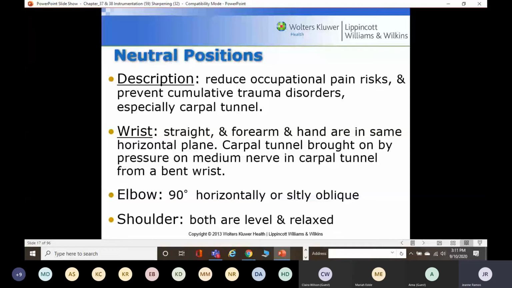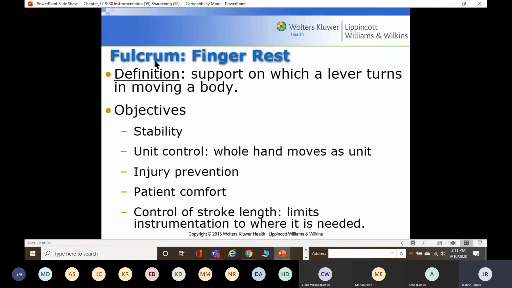Carpal tunnel is brought on by pressure on the median nerve in the carpal tunnel from a bent wrist. Your elbow should be 90 degrees horizontally or slightly oblique. Shoulders should both be level, relaxed, and parallel with the floor.